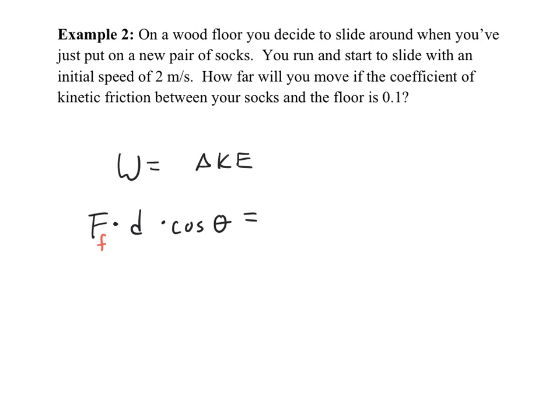It would be 180 degrees. 180 degrees. So Joe already picked that up from earlier. And cos of 180 is -1. Okay, the cosine of 180 is -1. So my formula is already becoming nice and simplified. Change in kinetic energy is final minus initial.